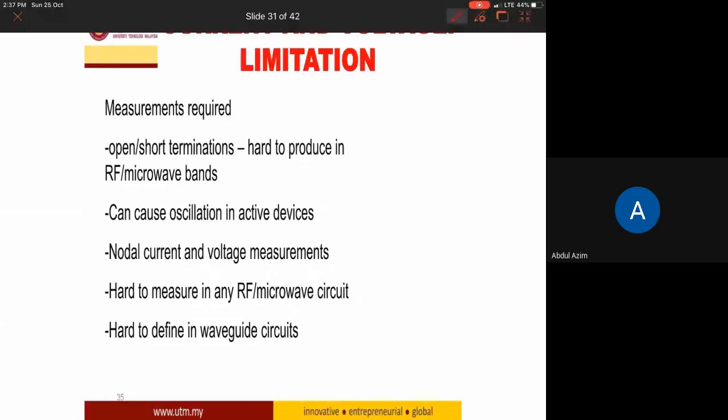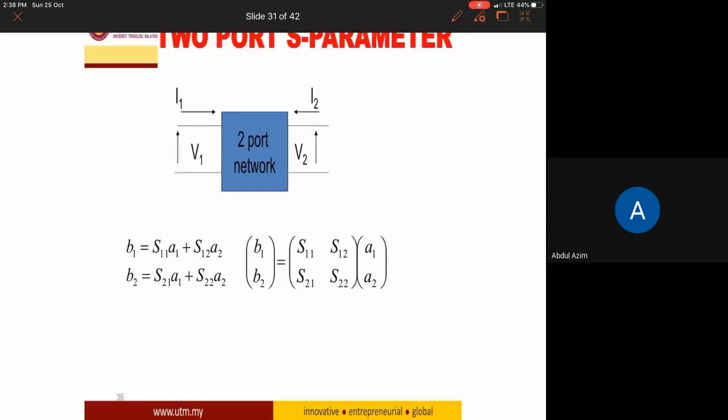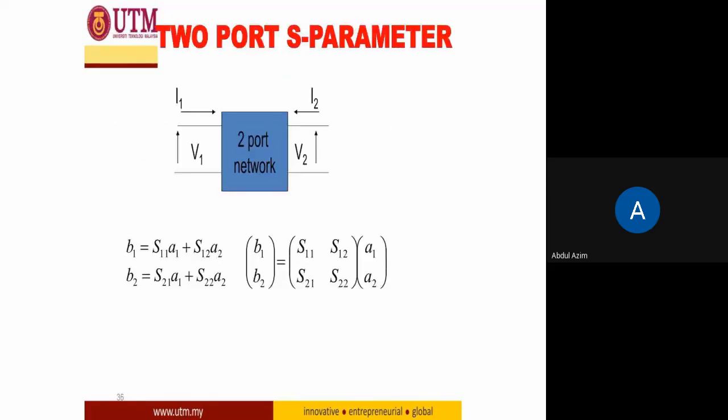Because open and short termination are hard to produce in the RF microwave band and can cause oscillation. So we use what we call the nodal current and voltage concept based on nodes. It is hard to measure in RF microwave circuits and hard to define in waveguide circuits. So we use the S parameter, especially to do the matching. You can analyze the S parameter using the 2-port network, 3-port network, and so on.